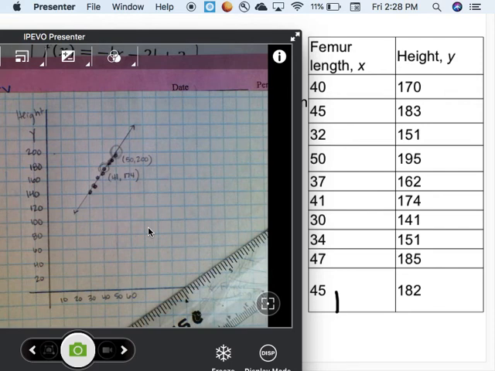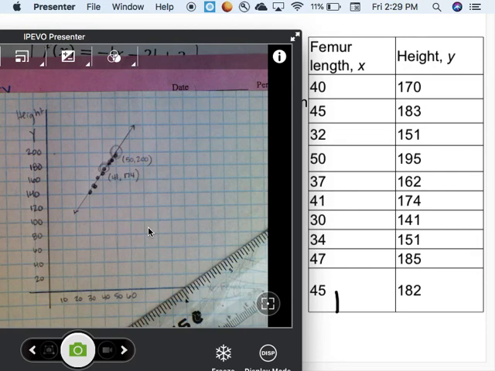And my line may be slightly different than the line that you drew, right? We're all drawing our own on our paper, and we're not doing this with technology. So yours is going to be slightly different, but especially in this example, we should have slopes that are really close to each other and y-intercepts that are within a reasonable distance of each other.